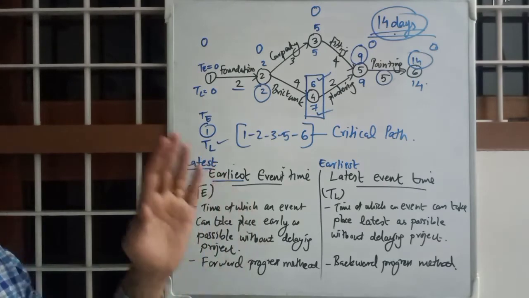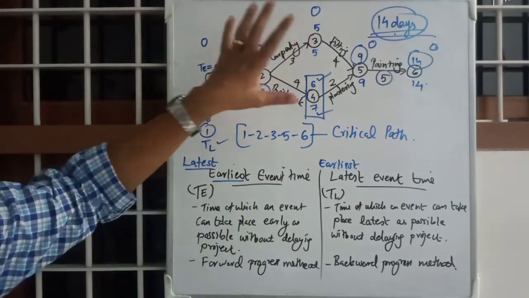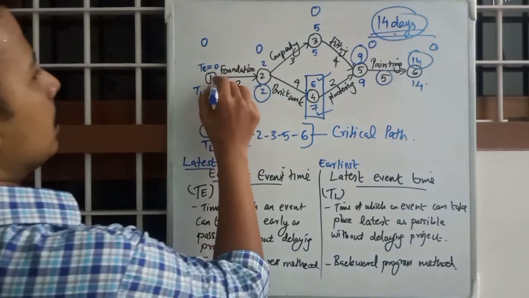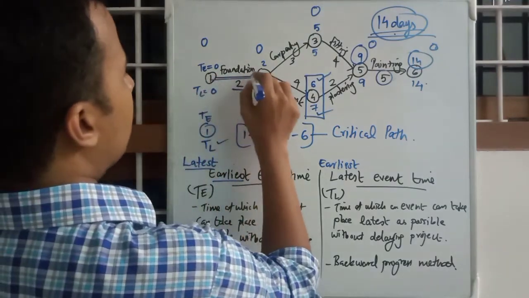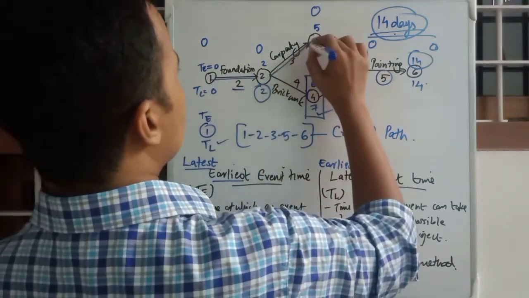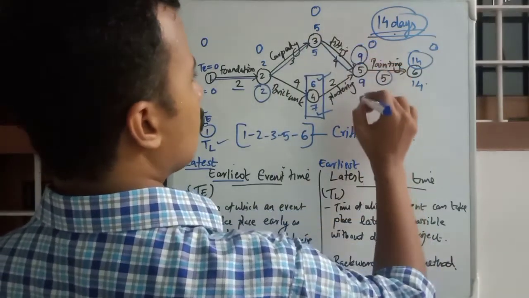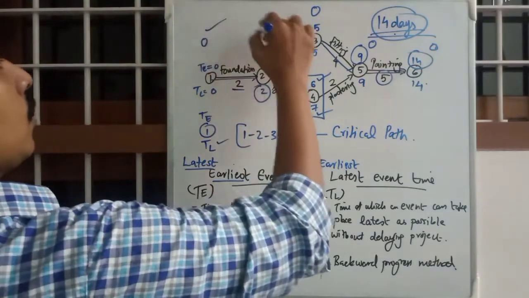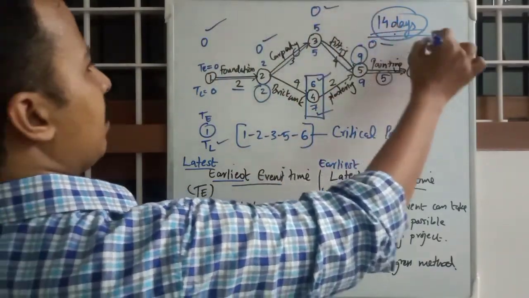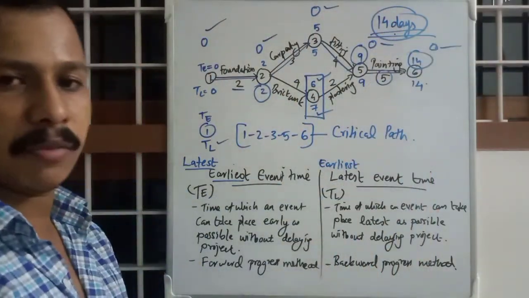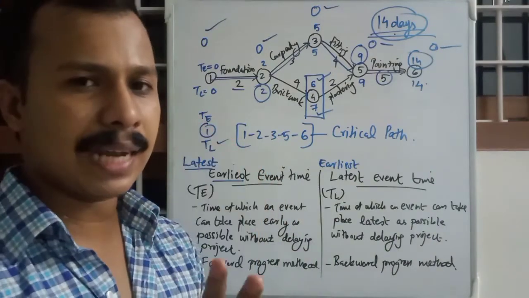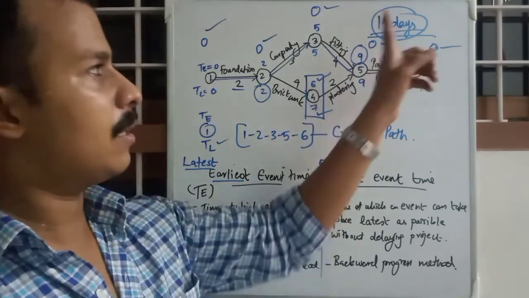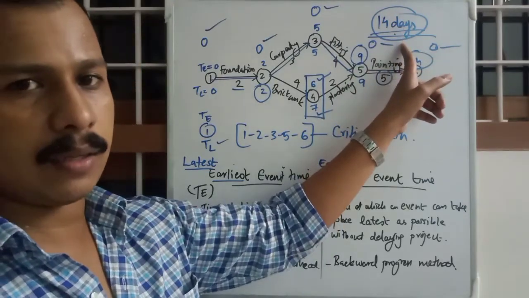That is why we named this analysis method the critical path method, because the path of 1, 2, 3, 5, 6 has 0 wasting time, and all these activities or events are to be prioritized so that they occur within schedule, so that there won't be any delay in the total events.